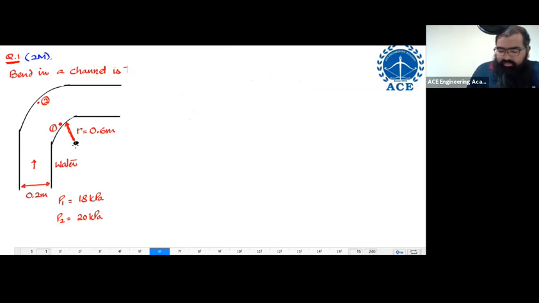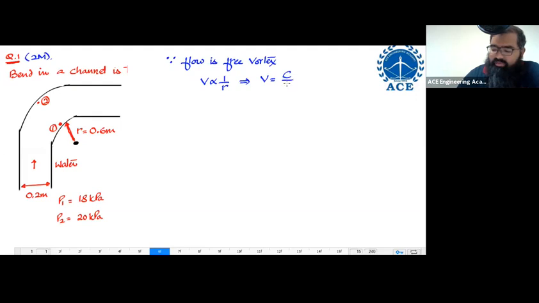Since the flow over here is free vortex, I'm going to start with the concept of free vortex. Since flow is free vortex, I can say velocity over here is inversely proportional to radius, which implies velocity is equal to some constant divided by radius.